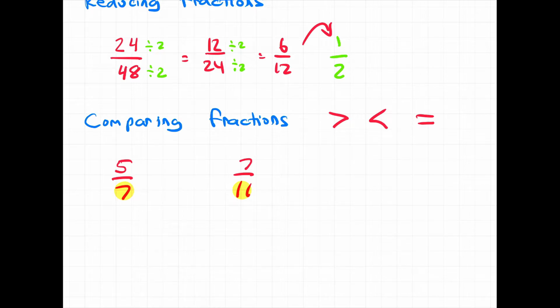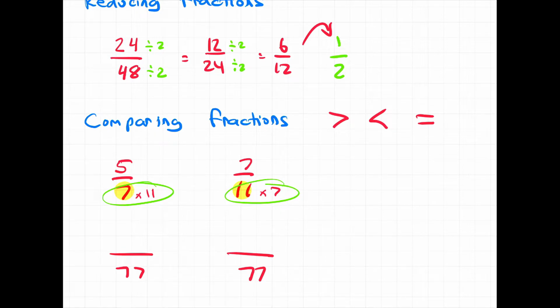So in this case, I would multiply the 7 by 11 and the 11 by 7. And by doing that, I'm going to get a 77 on the bottom here and a 77 on the bottom here. That's because 7 times 11 is the same as 11 times 7. Now remember, if I multiply the bottom number, the denominator, by 11, I also have to multiply the numerator.